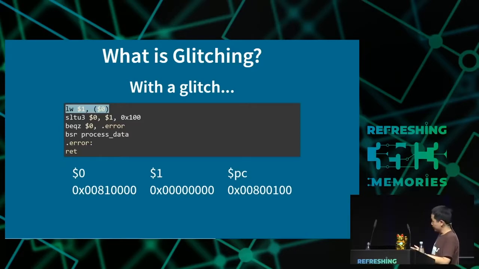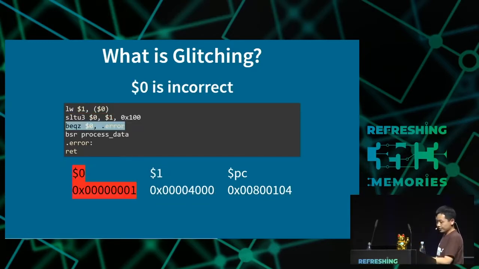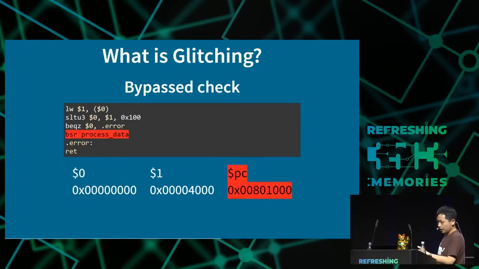But if we introduce a voltage glitch at this point, what happens is that this will create a mistake in the computation. So as you can see here, R0 is supposed to be set to 0, but because of the voltage glitch, it's now 1. Which propagates to the next instruction when we're taking a branch based off of that result, and we manage to bypass this check.